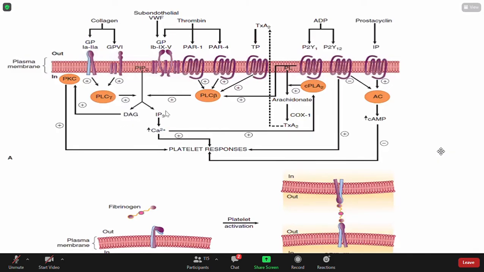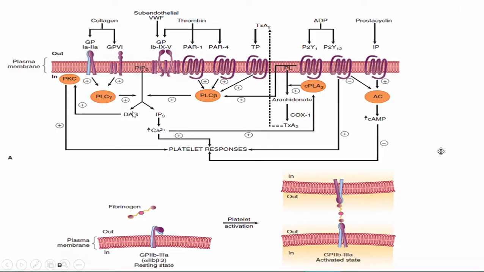Diacylglycerol and inositol triphosphate. Your diacylglycerol will activate your protein kinase C that would promote a certain reaction in the platelet, as well as your inositol triphosphate will increase your calcium that would promote another platelet response.